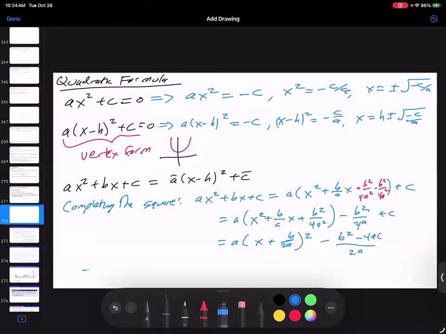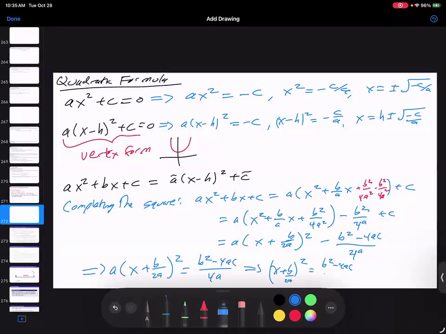And so we then get a times (x plus b over 2a) squared equals b squared minus 4ac all over 4a. I can move this a over to the other side, and we'll get (x plus b over 2a) squared equals b squared minus 4ac over 4a squared.